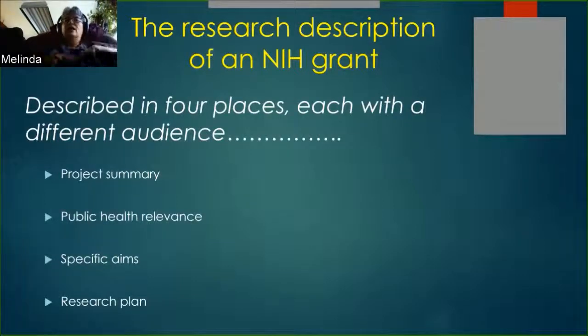how to target it. So for a K or an R award, pretty much all NIH grants have a project summary you have to write, a public health relevance, a specific aims page, and a research plan. And these are read and reviewed by different people and are used for different purposes. And that's why their tone and their formats are different.